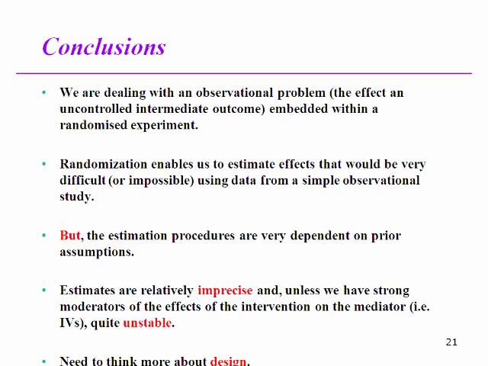You're getting something that's less biased, but it tends to be much less precise. So you might prefer the biased but precise estimate, depending on the context. And we need to think far more about design in these trials in particular.